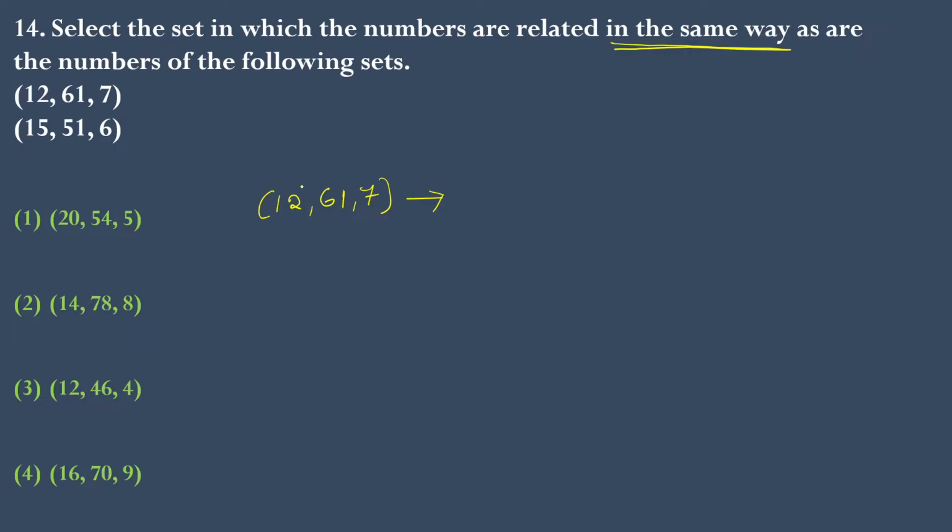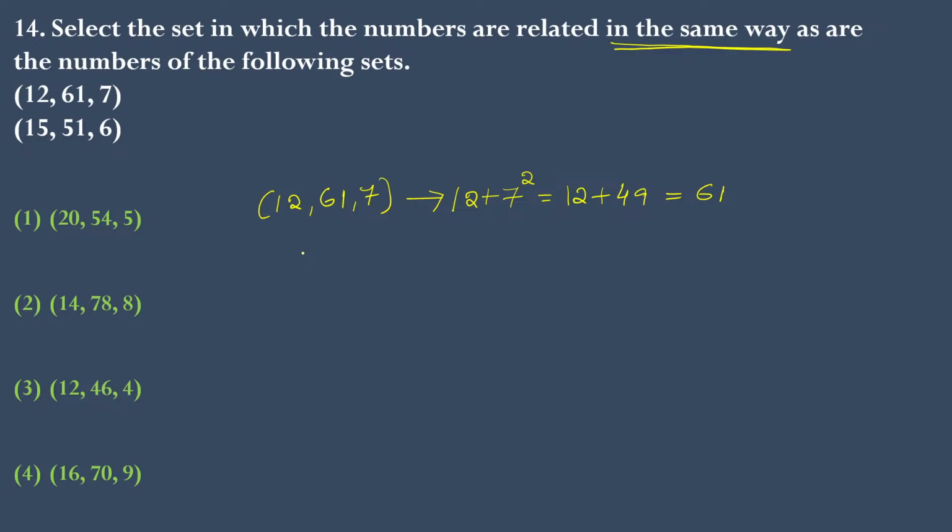So 12 into 5 we get 60, plus 1, 61. And 15 into 5 is 75, no, that logic is not correct. I am writing the logic: first number plus third number square. So first number plus third number square, 12 plus 49, we get the middle number 61.